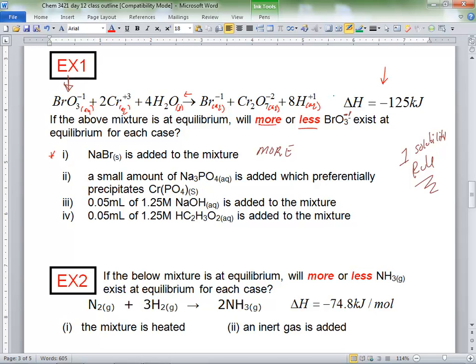Okay, let's see. Did you get an answer for all of these? Caroline, do you have an answer for some of these? I think 2 is going to be more. She says 2 she thinks will be more.